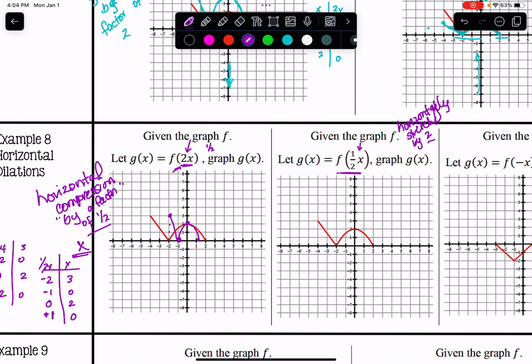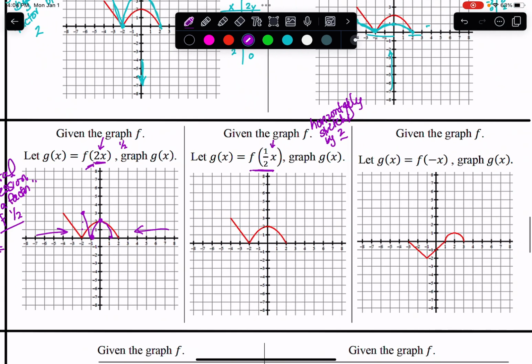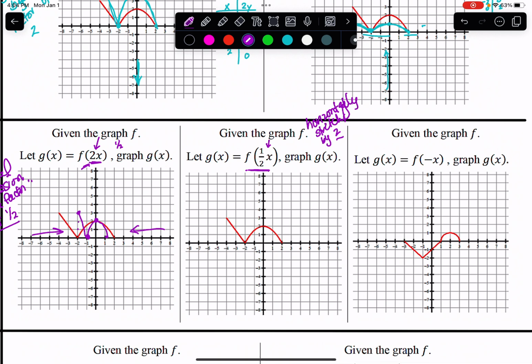So if we're going this way and I am getting skinnier, the only way to get skinnier is if I was pushing it in, if I was compressing it in. And so that's why it switches to compression. And this one is going to be horizontally stretched, so it should become wider.